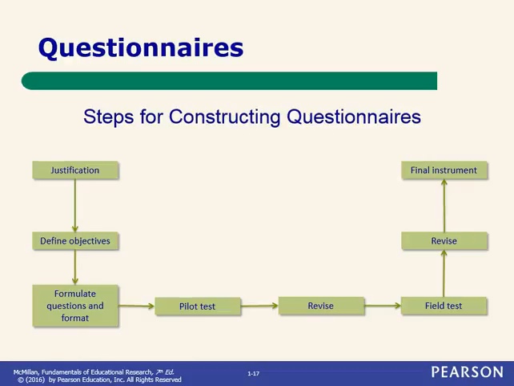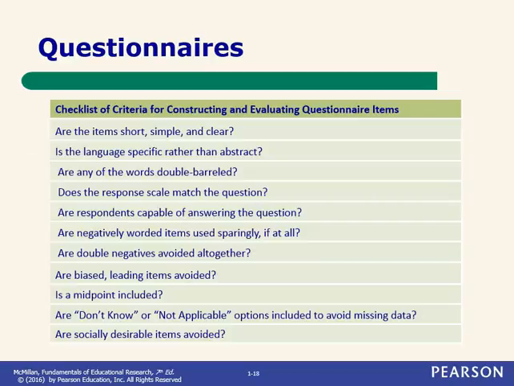When it comes to constructing questionnaires, there is a series of steps involved, and Macmillan goes through these, but I want to put them on the screen just to talk about them very briefly, and so that you've got this visual as you're watching the video and thinking about Chapter 7. And this is a lengthy checklist.